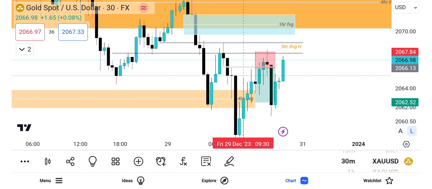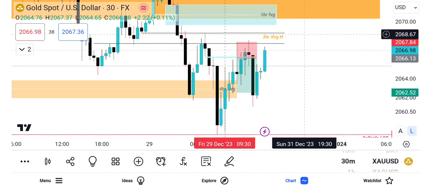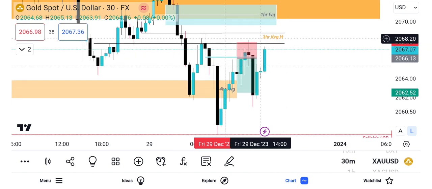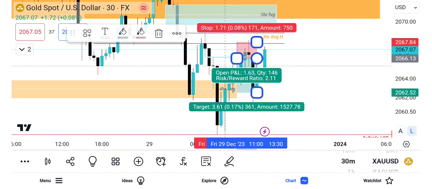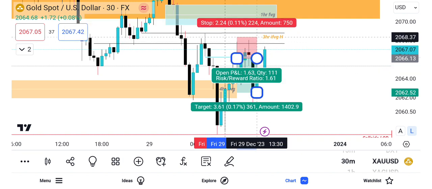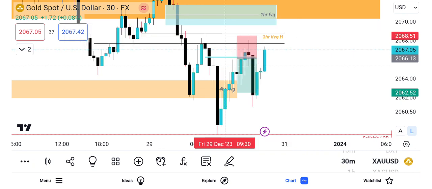I'm also satisfied with this trade, because I did everything right, and my stop maybe was to be above the constant encroachment of this 3-hour inversion fair value gap. Maybe let's see if I could have had my 1 to 2.